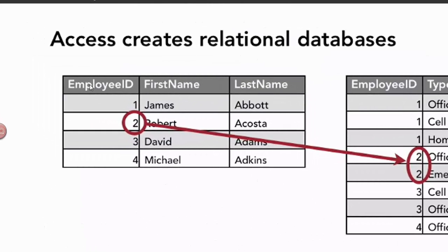Just before I go, notice that the naming convention for each of these fields is capital for the first word and then capital for the second, and there's no gaps.